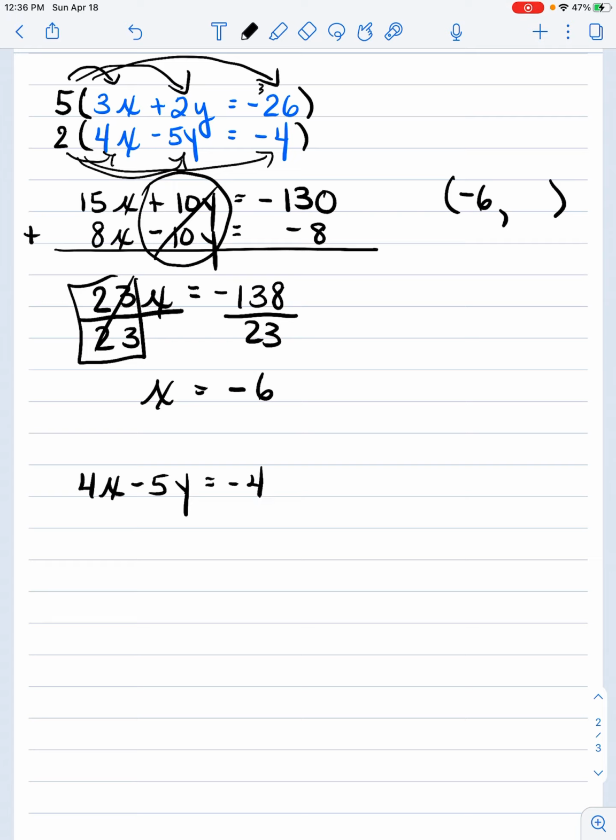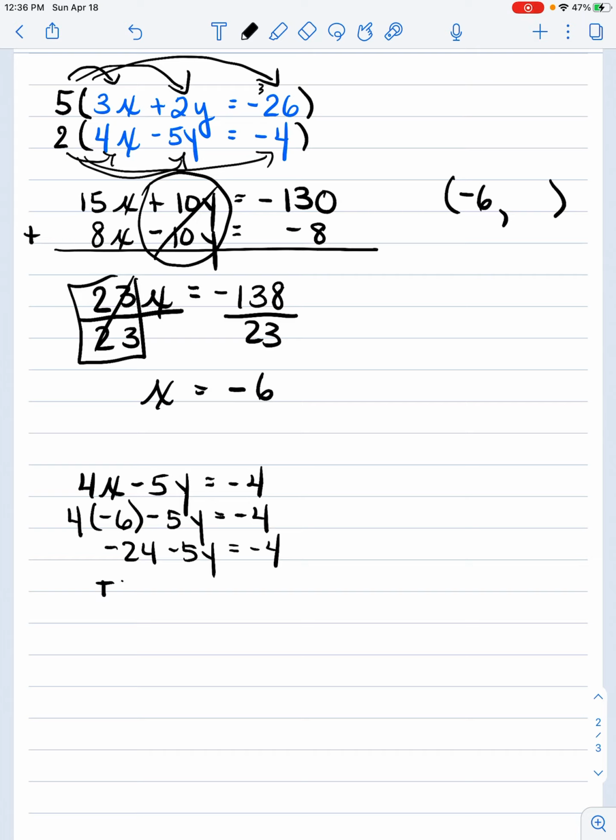Now, I know that my x is negative 6, so 4 times negative 6 minus 5y equals negative 4. Okay, so 4 times negative 6 is negative 24 minus 5y equals negative 4.